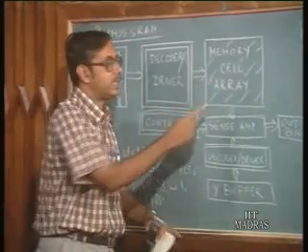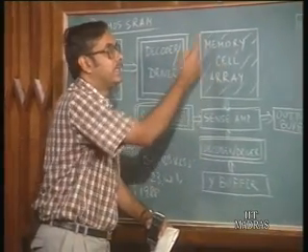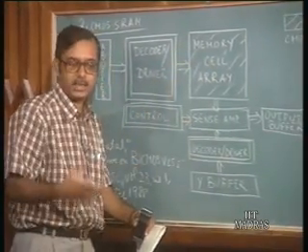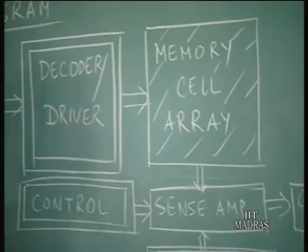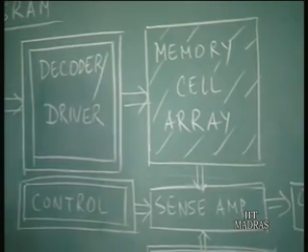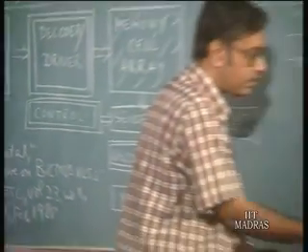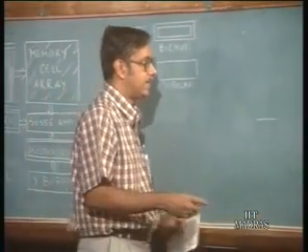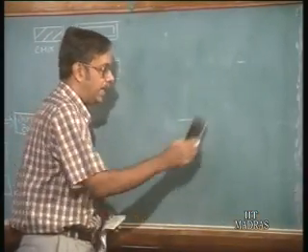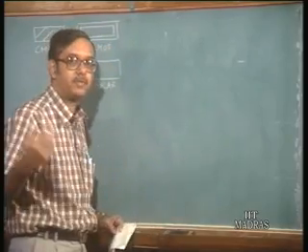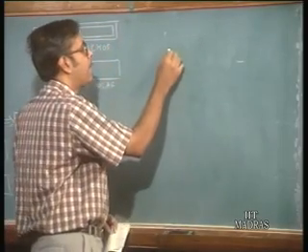In the memory cell array, we have said that this is going to be a CMOS, just like in a CMOS static RAM, but there is a small difference in BiCMOS static RAMs. The cell which is used is slightly different from a CMOS static RAM cell.